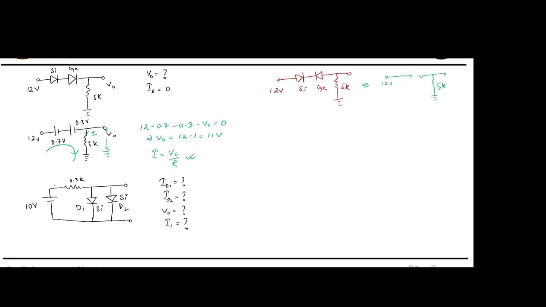Let me draw here. This one is I1. This one is ID1. This one is ID2. This one is V0. So the diodes D1 and D2, both will be on or what?